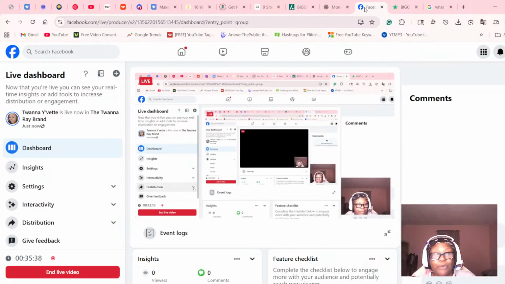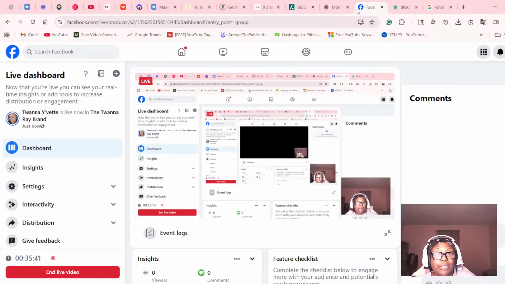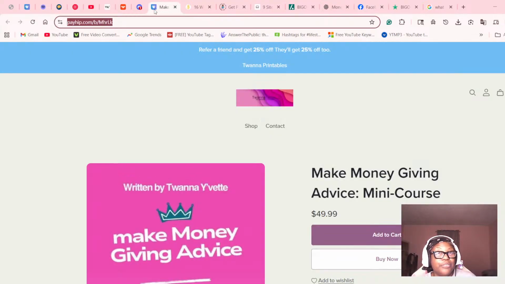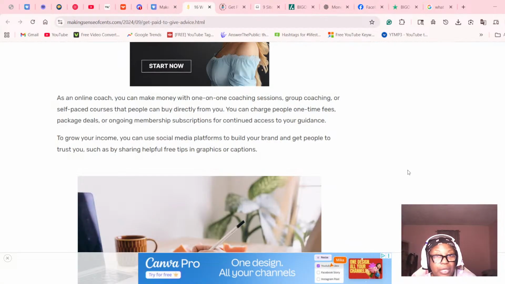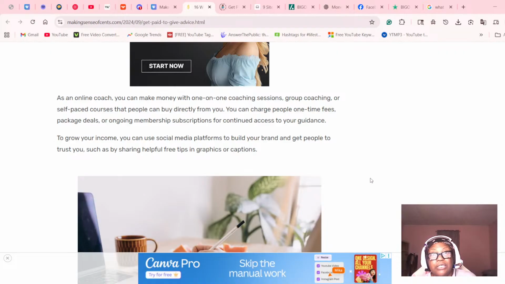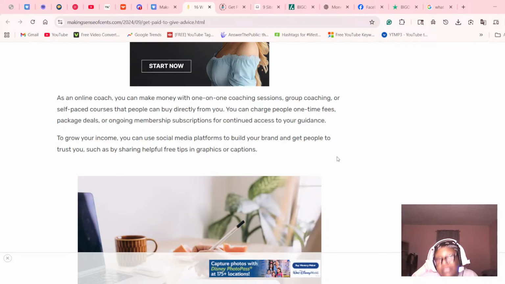So there's a whole heap of companies that do the subscription things, and you can do the subscription things with advice as well. Whether you're doing an email list, and they are subscribed to you for the email list, or they're subscribed to you to be in the group, or wherever you're putting that content, they can be subscribed to you for 5, 10, 15, $20 a month, or whatever you're going to charge for your advice.